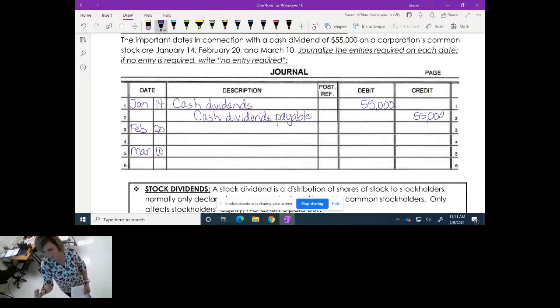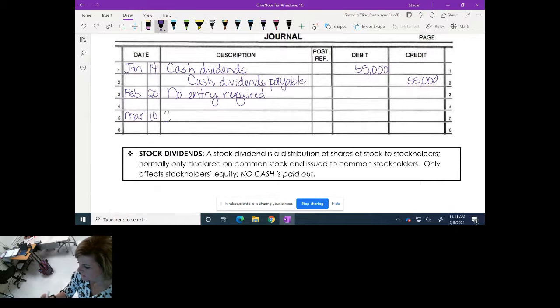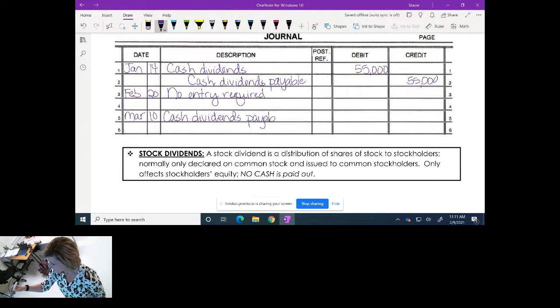All right, and then no entry required on the 20th. And then for the 10th, we're going to debit the payable and credit cash for the $55,000.